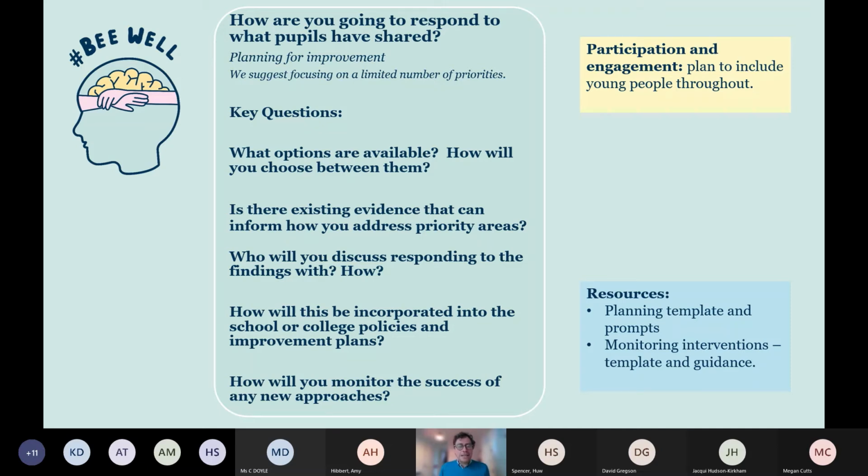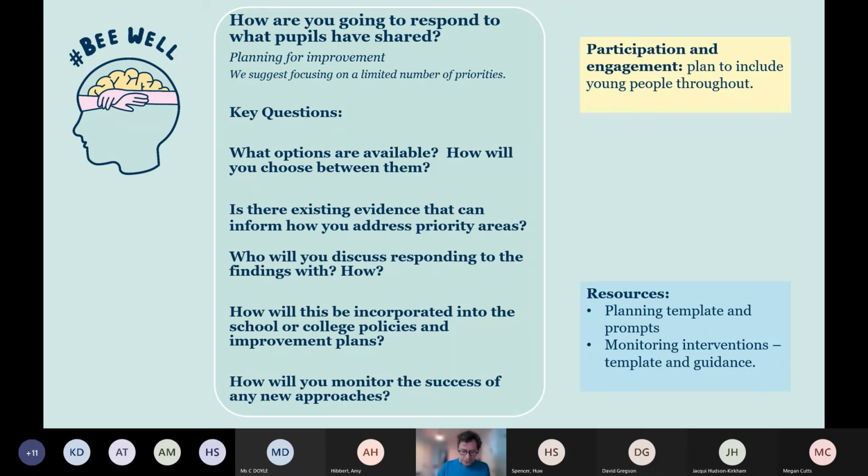Built into this kind of planning process is that you're planning your response, likely to be led by senior staff within school, but who else needs to be involved in discussing that response? And that's where your bullseye from the previous slide can come in really handy. Actually, do we need to talk to our parent forum about this?